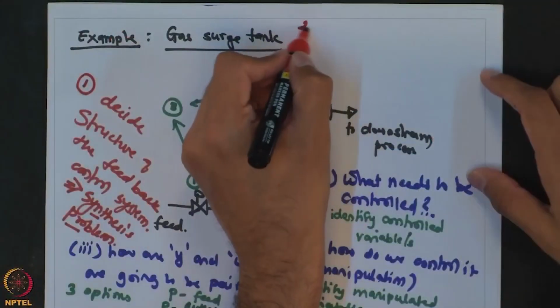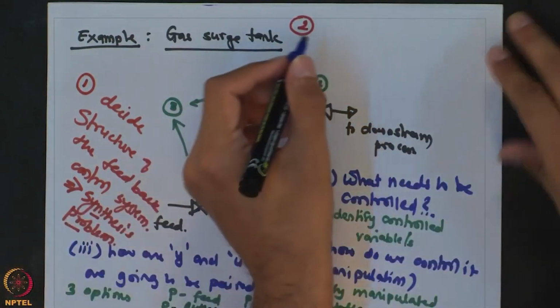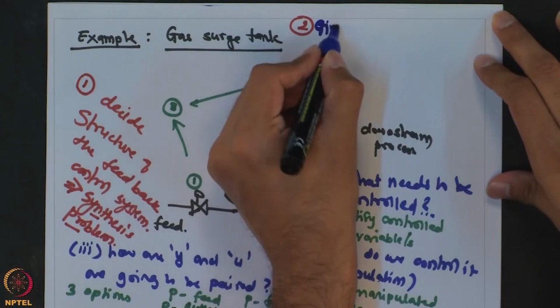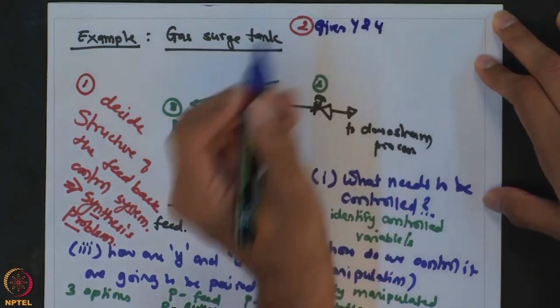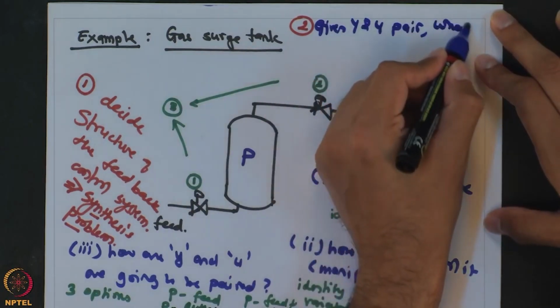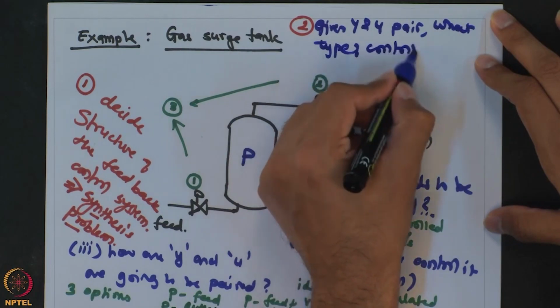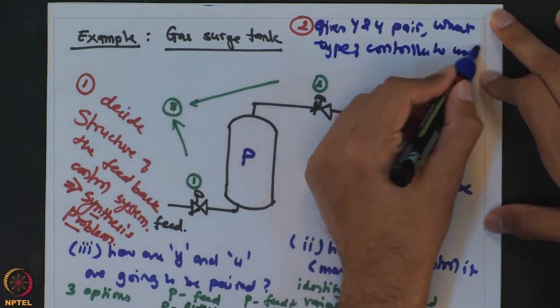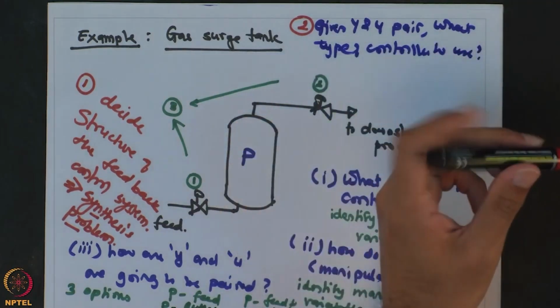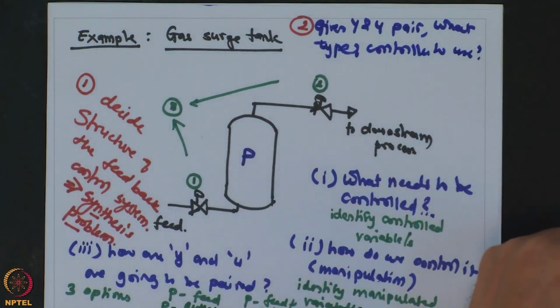When we talk about the second thing, the question is: given the y and u pair, what type of controller to use? As I said, we are mostly limiting our discussion to PID controllers.